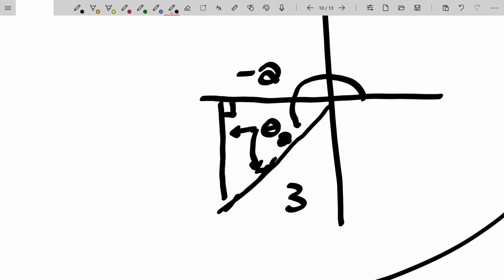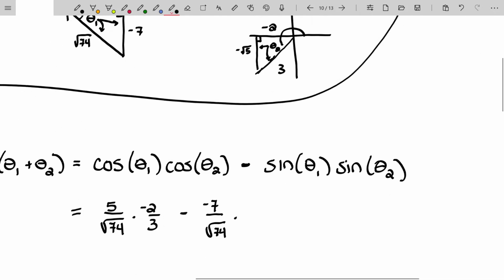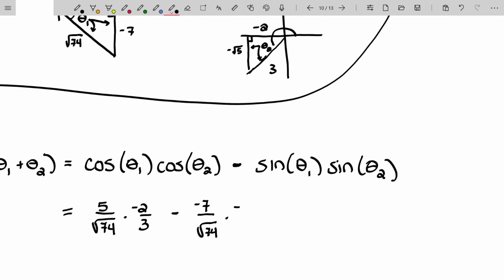You'll find out that that's root 5. However, we're in quadrant 3, so that's a negative root 5 because our y values are negative in quadrant 3. So the sine of theta 2 is going to be negative root 5 over 3. Let's go ahead and write that down. Negative square root of 5 over 3.